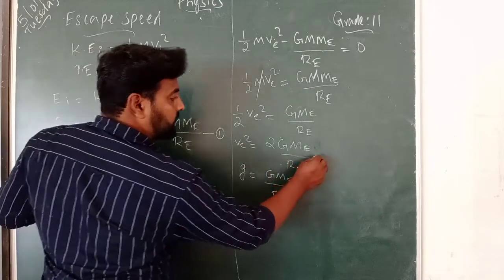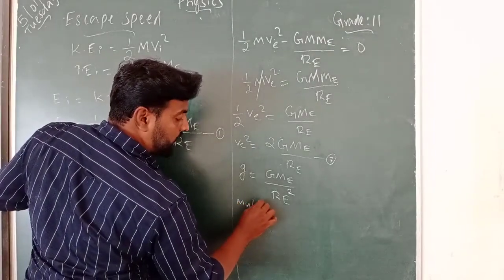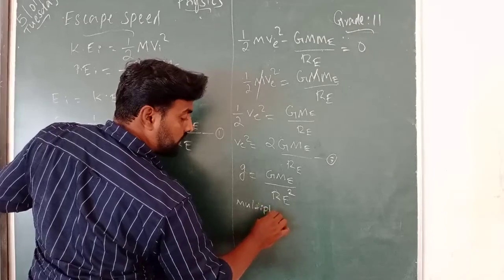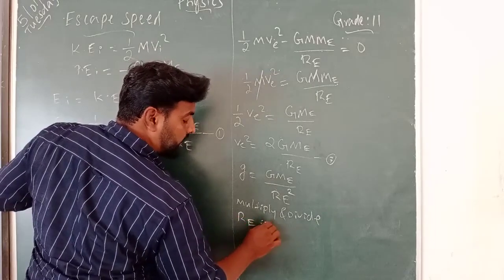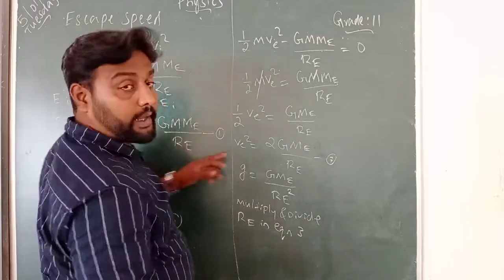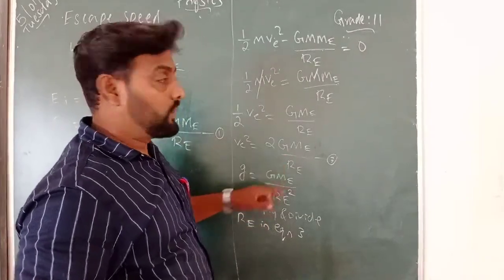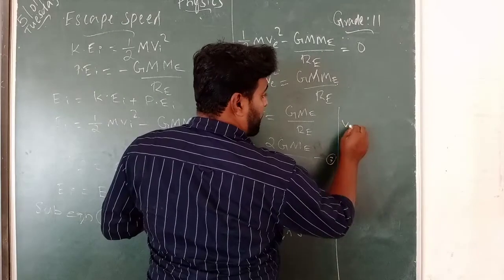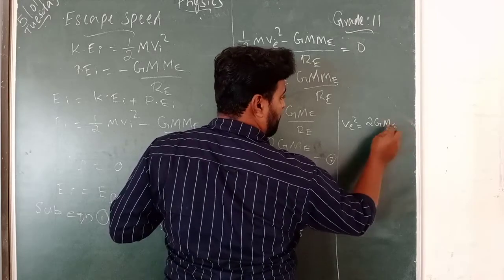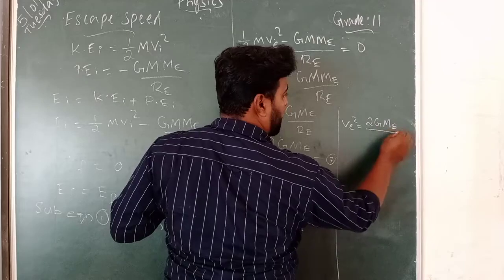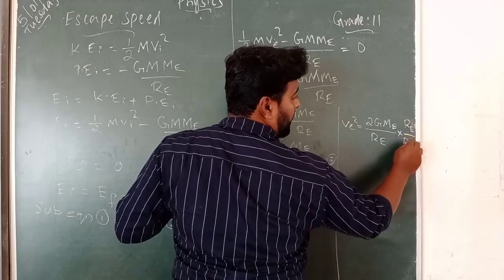So in equation 3, you have to multiply and divide by RE. So what will come? VE square equal to 2GME by RE multiplied by RE divided by RE.